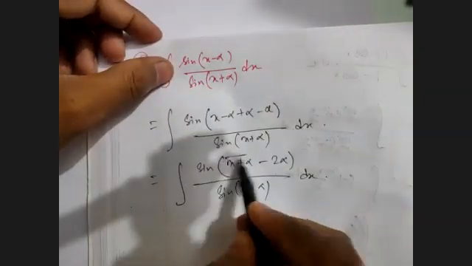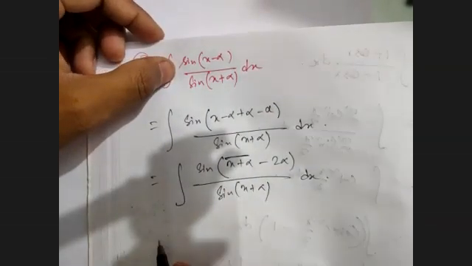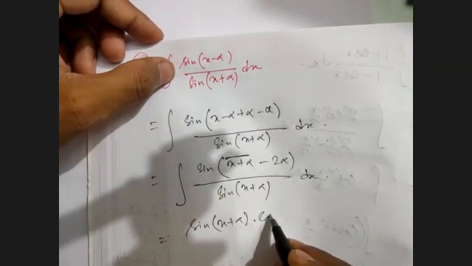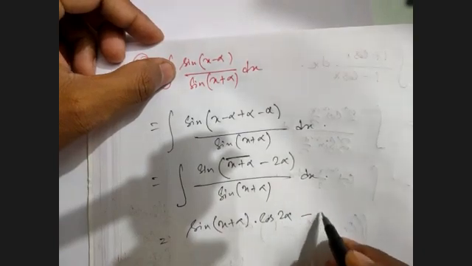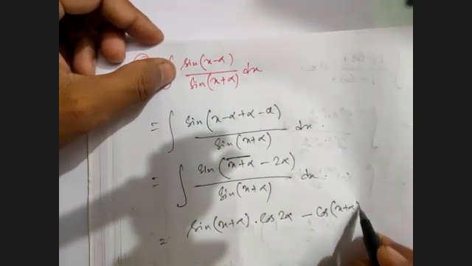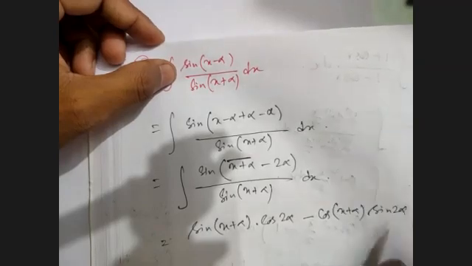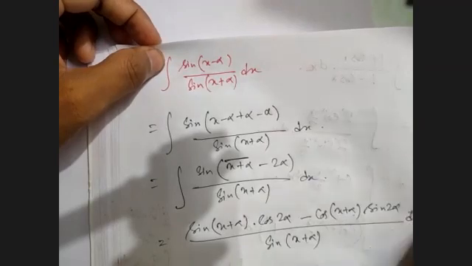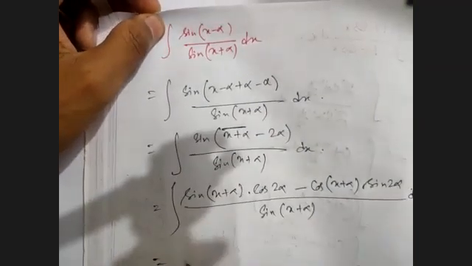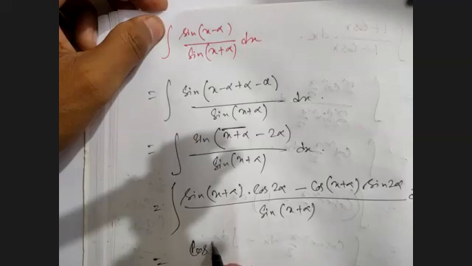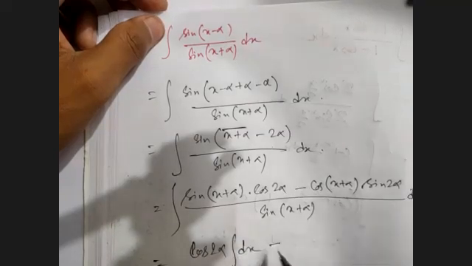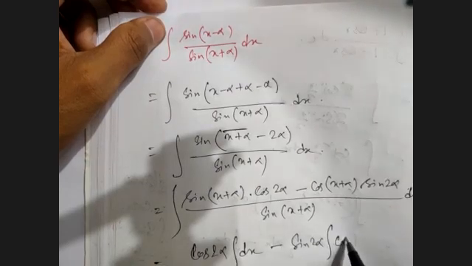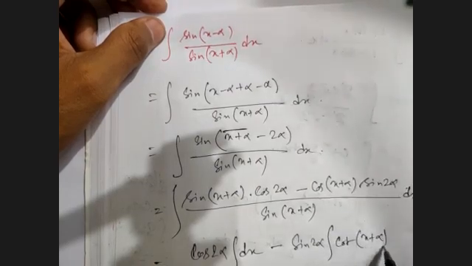Now we will apply the formula of sin of (a minus b), that is sin a cos b minus cos a sin b. So here this cancels, cos 2 alpha is the constant term, integration of dx, minus sin 2 alpha into integration of cot of (x plus alpha) dx.